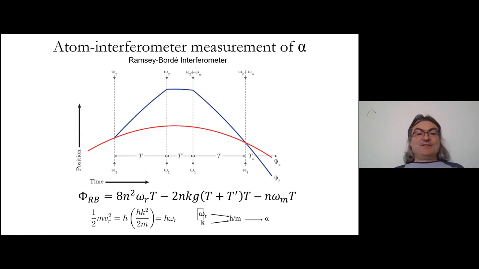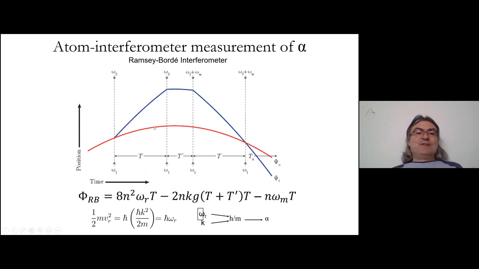Here's a Ramsey-Bordé atom interferometer in which one matter wave packet stays at rest, subject only to gravity, hence the line is curved, and another partial matter wave packet is kicked up, flies for a time T, and is then kicked back down.